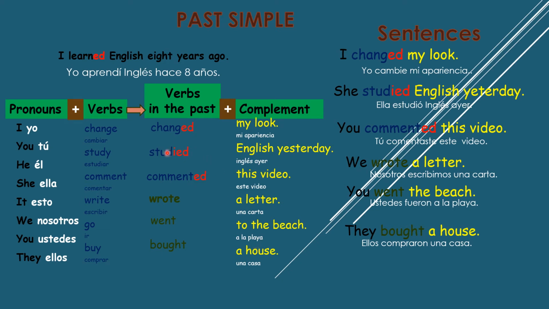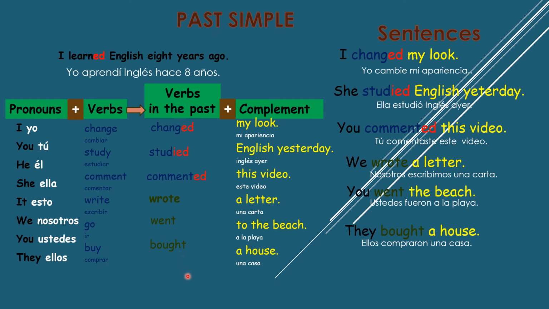Notice in this part we have two kinds of verbs. In the first part, the verbs in past you add ed, or in some cases ied or d. But another group of verbs, they change according to the present verb.